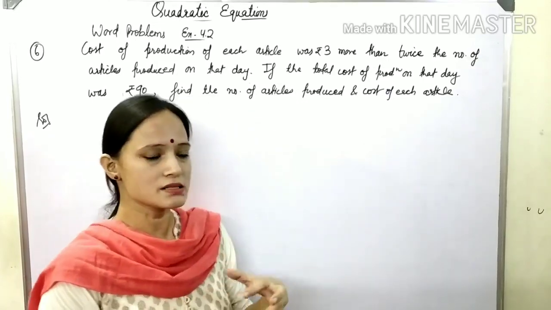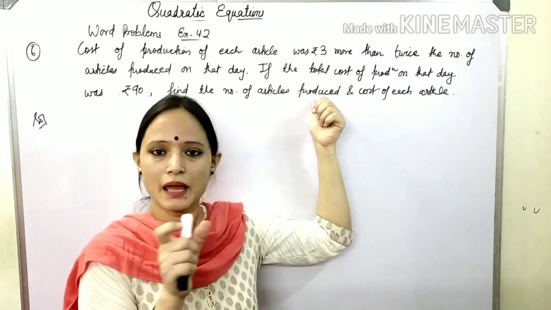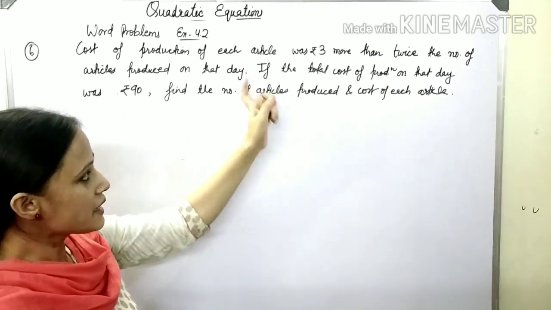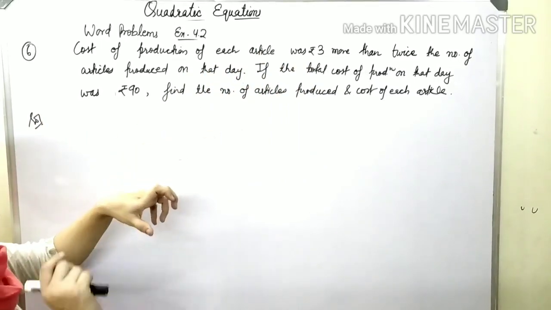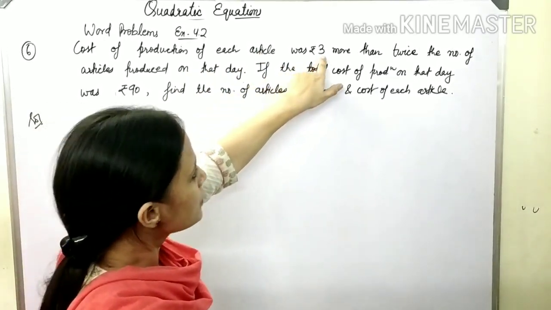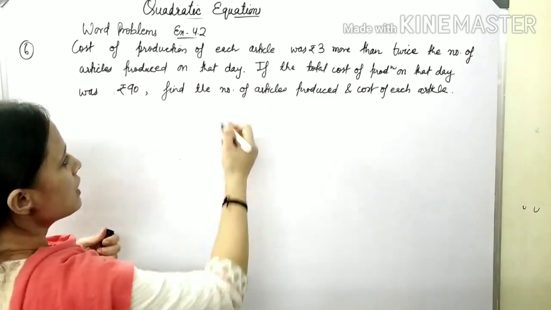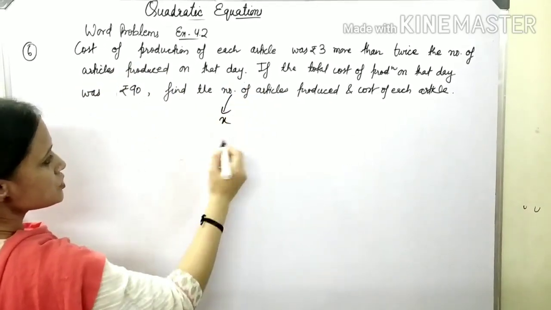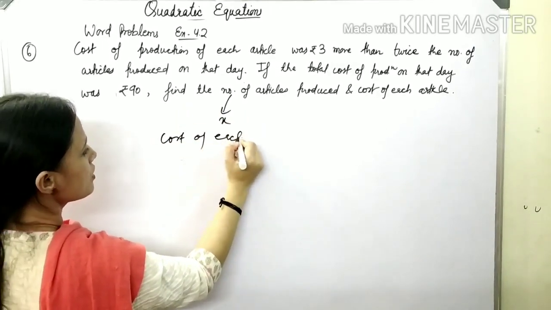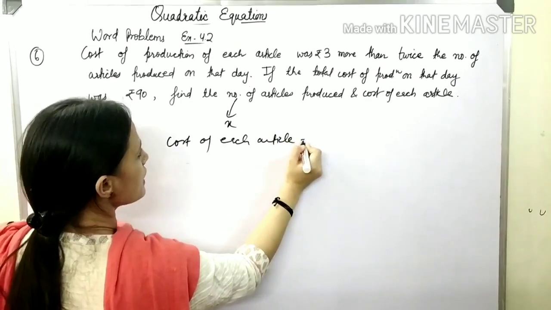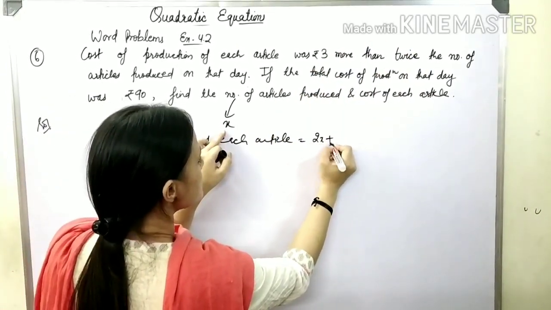Fine. Now let us assume that the articles produced on that day be x. Based upon that, the cost of each article is given: 3 rupees more than twice the number of articles produced. So if the number of articles is x, the cost of each article, please write the language yourself, is rupees 3 more than twice the number, that is 2x plus 3.